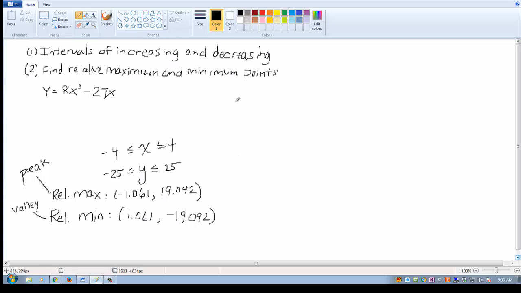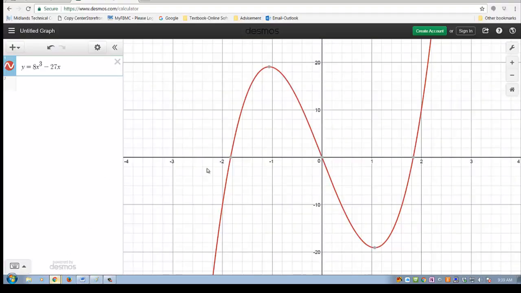So to find those intervals, let's look back at the graph. This part right here is where it would be called increasing. So it's increasing all the way up until we get to this maximum.